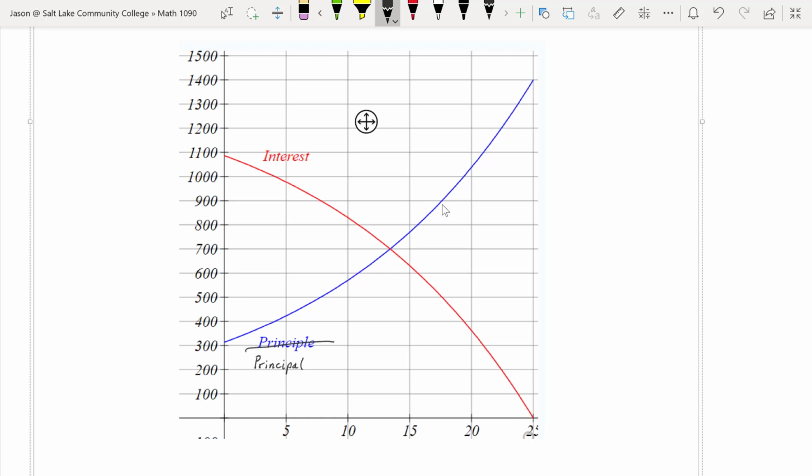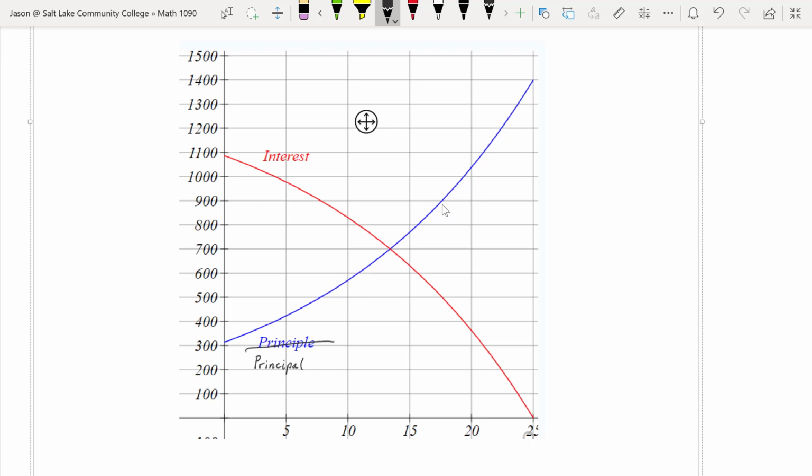The sum of both the red and the blue, you'll see, is a constant value. It looks like it's about $1,100 plus $300, which would be about $1,400 she's paying each payment. Yeah, because at the end of 25 years, she's paying $0 in interest and $1,400 in principal. So the entire payment goes towards the principal of the loan on the last payment.